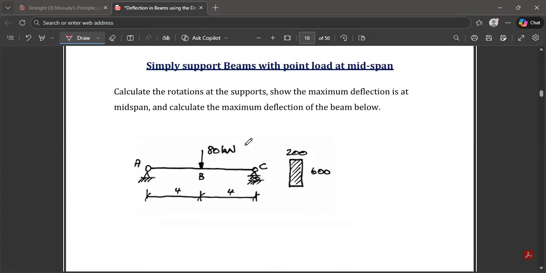So let's look at our example one. Our question says: calculate the rotation at the support, show that the maximum deflection is at midspan, and also calculate the maximum deflection of the beam below.